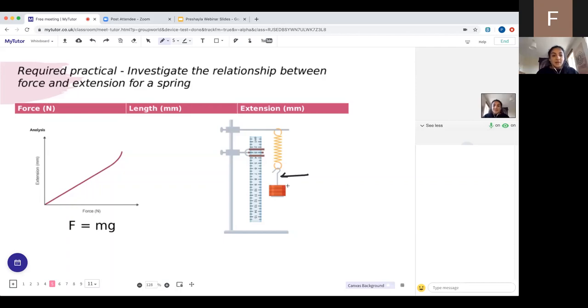So we need to know how to go from mass to force, where the force is the weight. So we have a 100-gram mass being added on. How do we get to weight? If we add a 100-gram mass on, how can we convert that mass into weight?